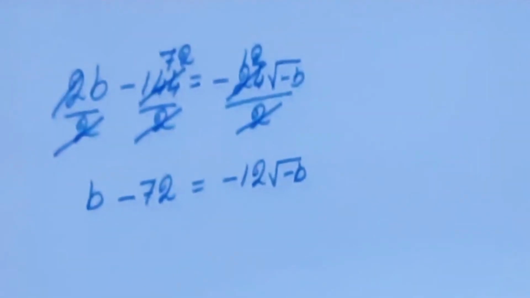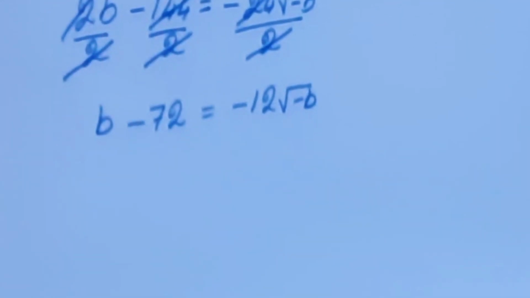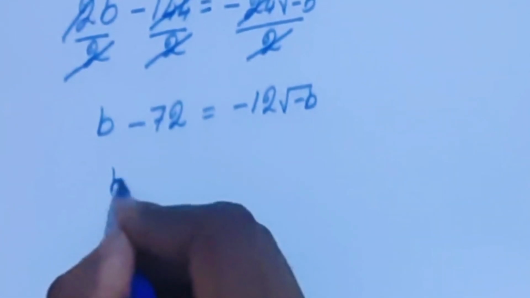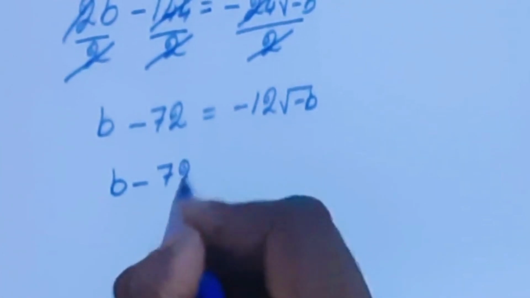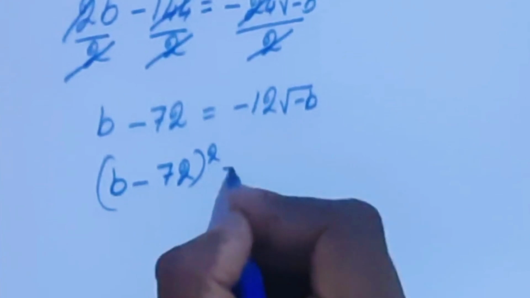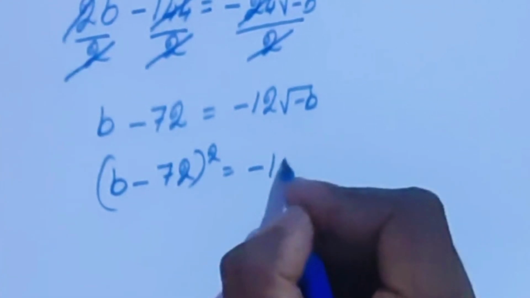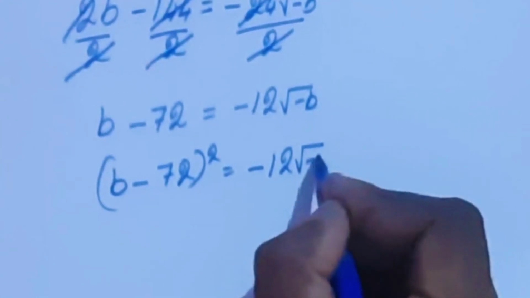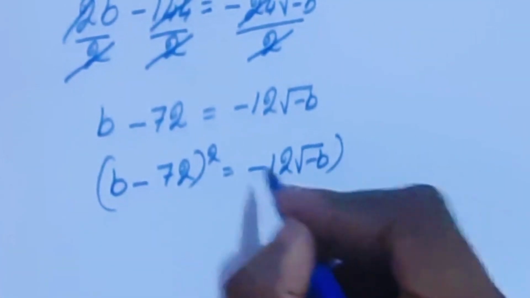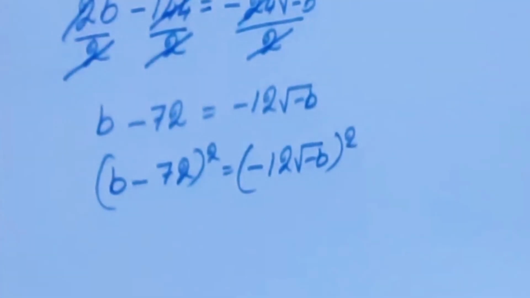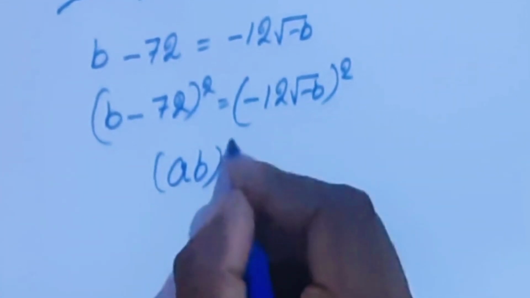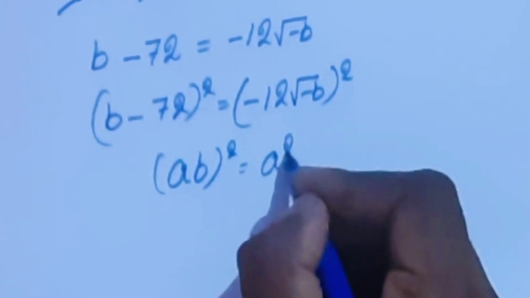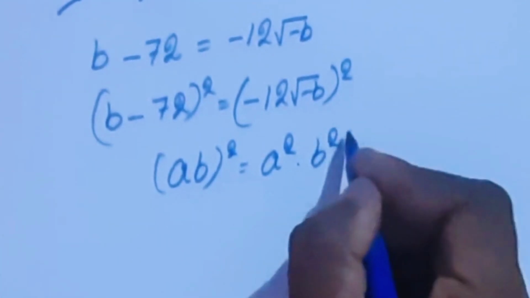This we are going to apply here. Here we are going to take a square on both sides. So we'll get b minus 72 whole square equals minus 12 square root of minus b whole square. Here we are going to apply ab whole square equals a square times b square.